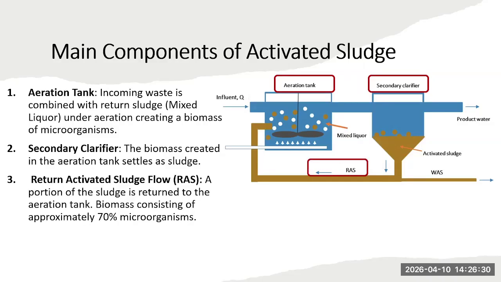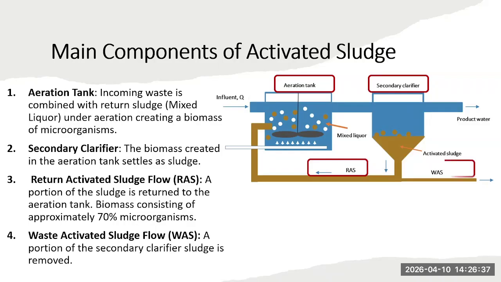We can either return or waste that activated sludge. So some goes back as return activated sludge back through the process, and some goes out and gets dealt with as sludge.